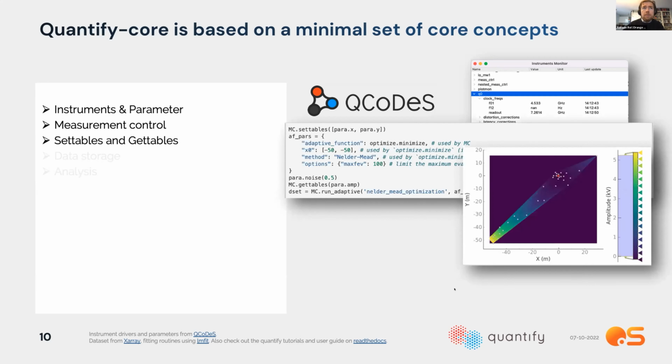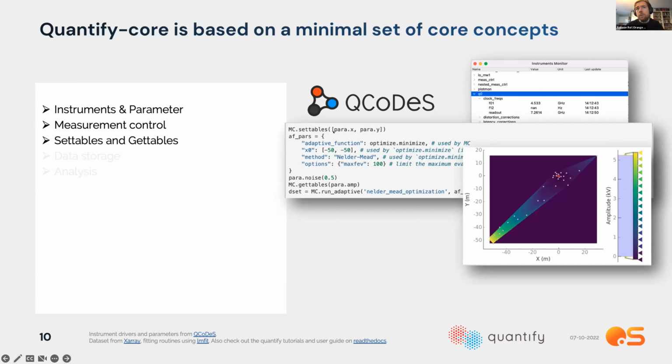The other part is the measurement control and the settables and gettables. Every acquisition we're doing consists, on the abstract level, of setting something and then acquiring, or getting, something else. Here you see a bit of an advanced example.